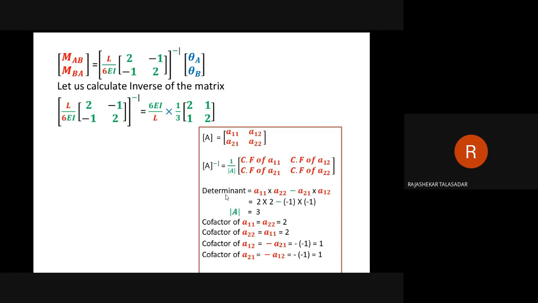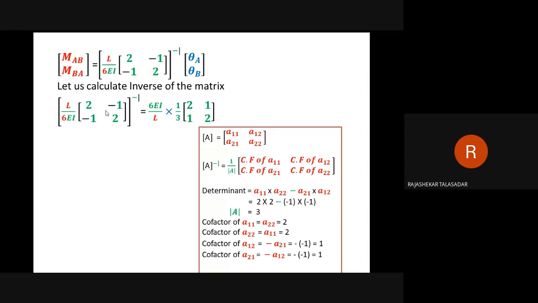So how do you calculate determinant here? This is the multiplication of these two minus multiplication of these two, that is A11 A22 minus A21 into A12. Look here.